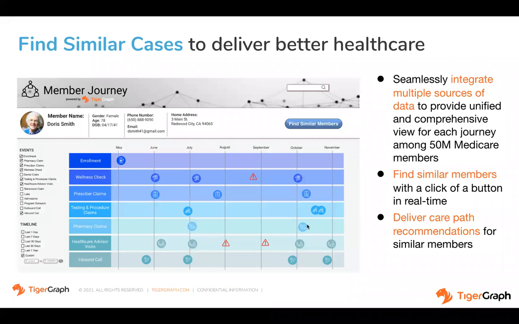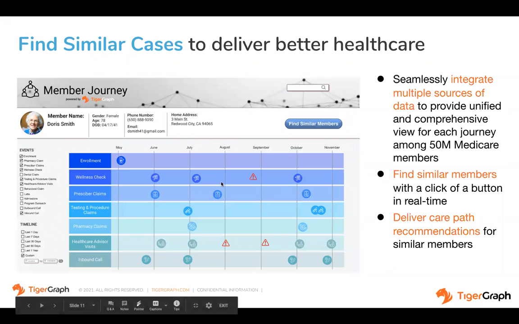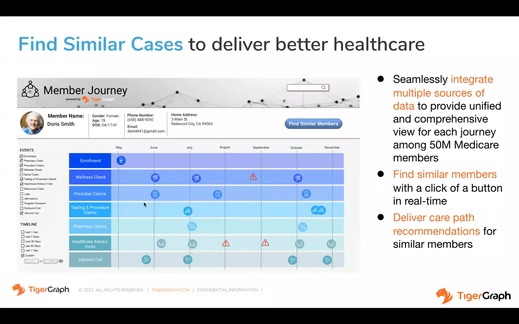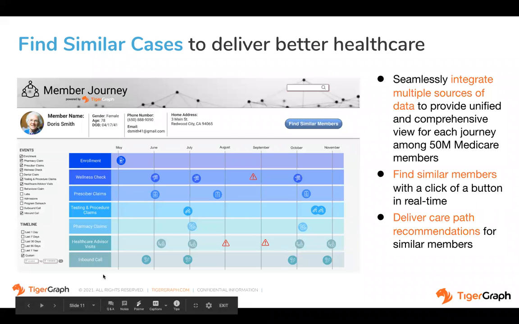Another graph analytic that can be used for unsupervised learning is to find similar entities, in this case, similar patients. This display is mapping out this patient's, Doris Smith's, medical care journey, different types of engagements she's had with the healthcare system over time.